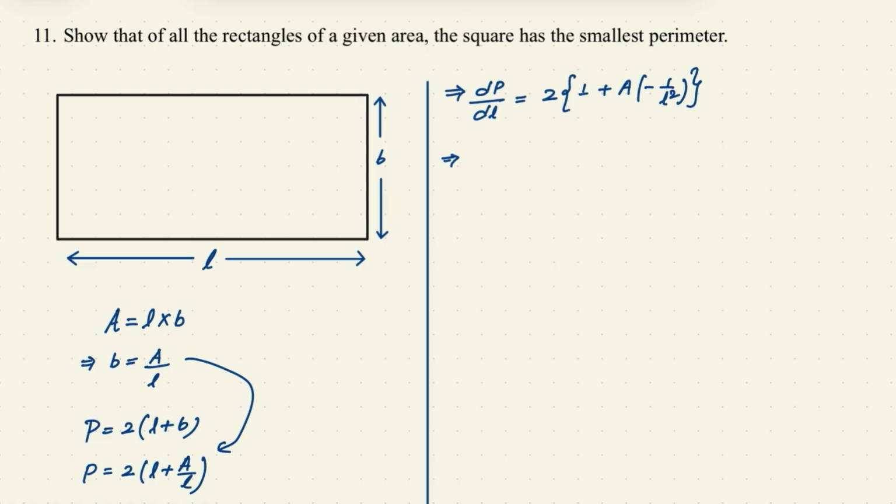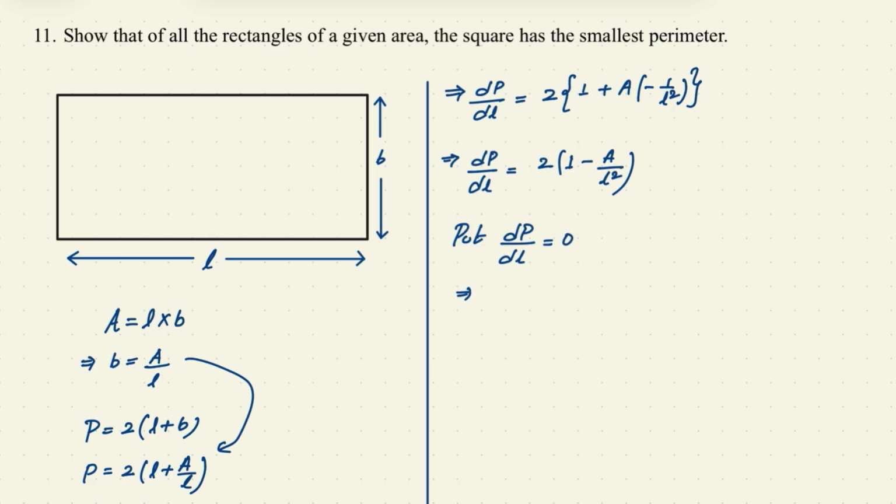So that means dP over dL will be equal to 2 times (1 minus A by L square). Now in order to find the critical point, we always put the first derivative as 0. So here we will put dP by dL equals 0.